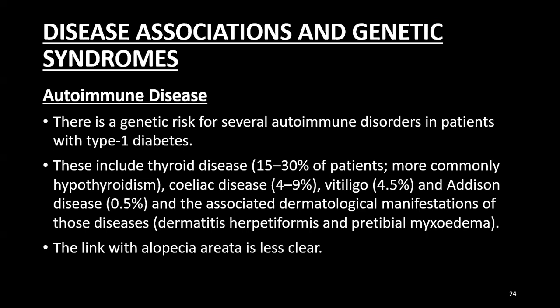Vitiligo is seen in 4.5% of the cases, and Addison's disease is seen in 0.5% of the cases. And associated dermatological manifestations of these diseases, like dermatitis herpetiformis in celiac disease and pretibial myxedema in thyroid disease. The link with alopecia areata is less clear.